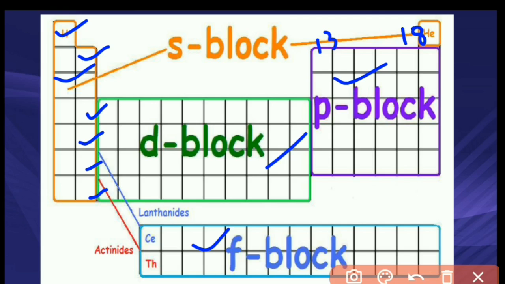And from group number 3, lanthanides and actinides, the f block elements, are arranged separately at the bottom of the main periodic table. So this block-wise classification is based on the last electron entering that orbital.